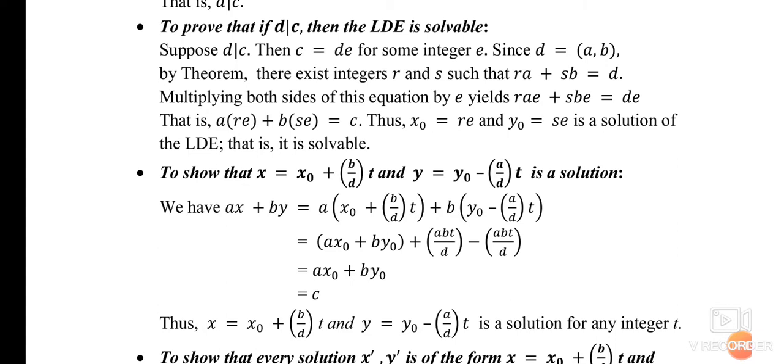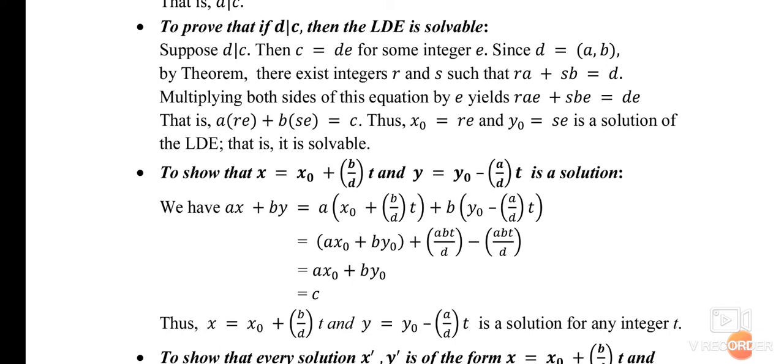Next, we prove that x equals x naught plus b by d into t and y equals y naught minus a by d into t is a solution. To prove this, we simply substitute the x and y values in the given equation and verify whether x and y satisfy the equation or not.